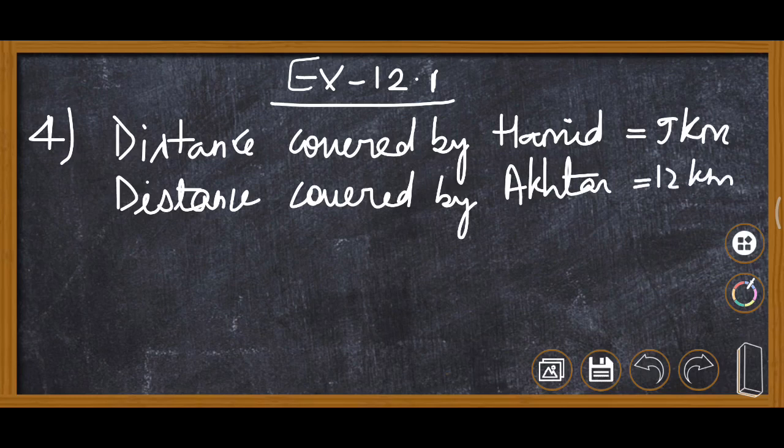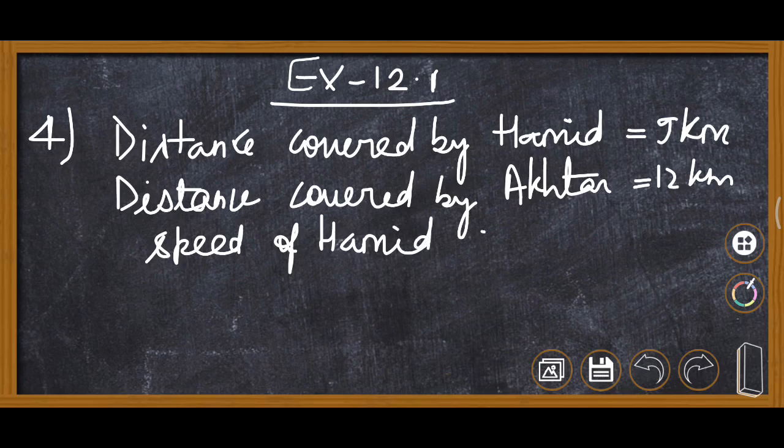Now we are required to find the ratio of their speeds. This is an hour, so the speed of Hamid will be, you know the formula of speed, distance upon time.